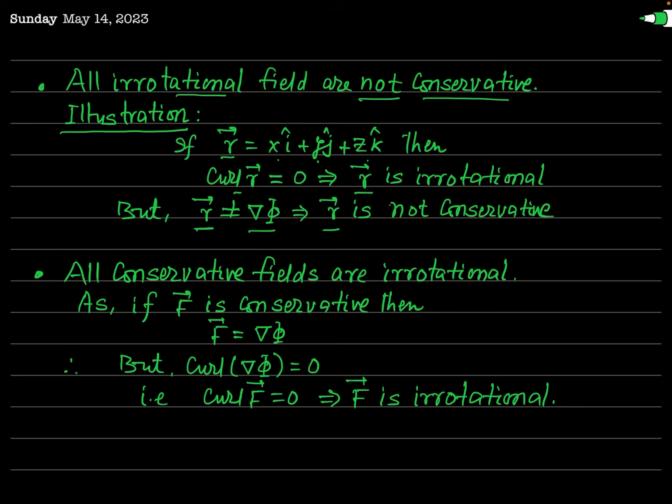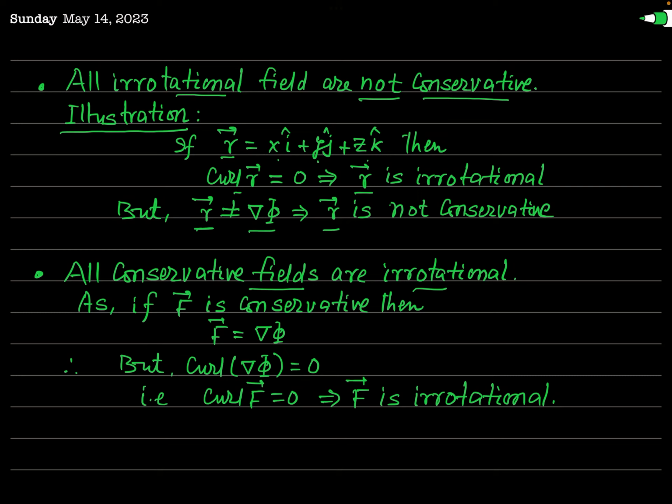Okay? So it is clear that all irrotational vectors cannot be conservative. But the converse is not true. If a vector field is conservative, that will be necessarily irrotational. So I have stated here that all conservative fields are irrotational. The reason is what?